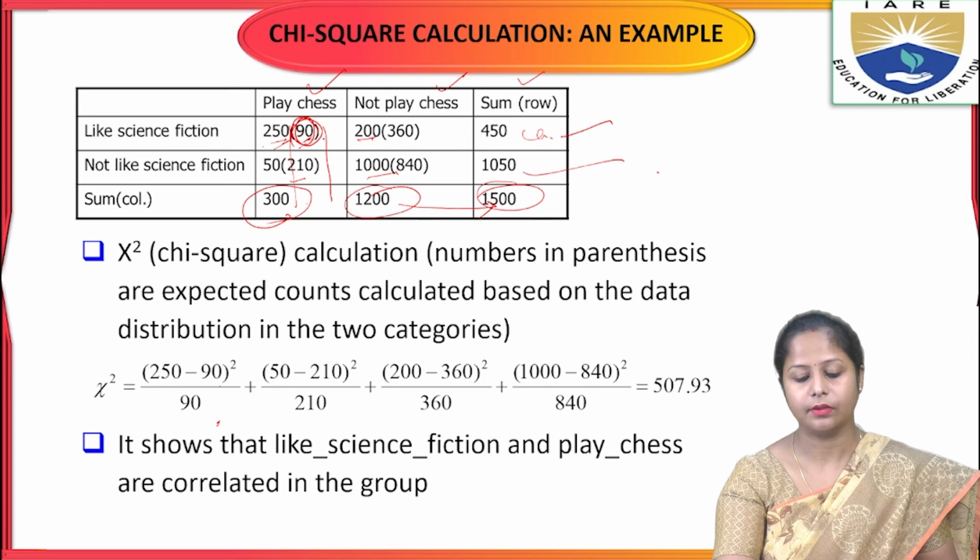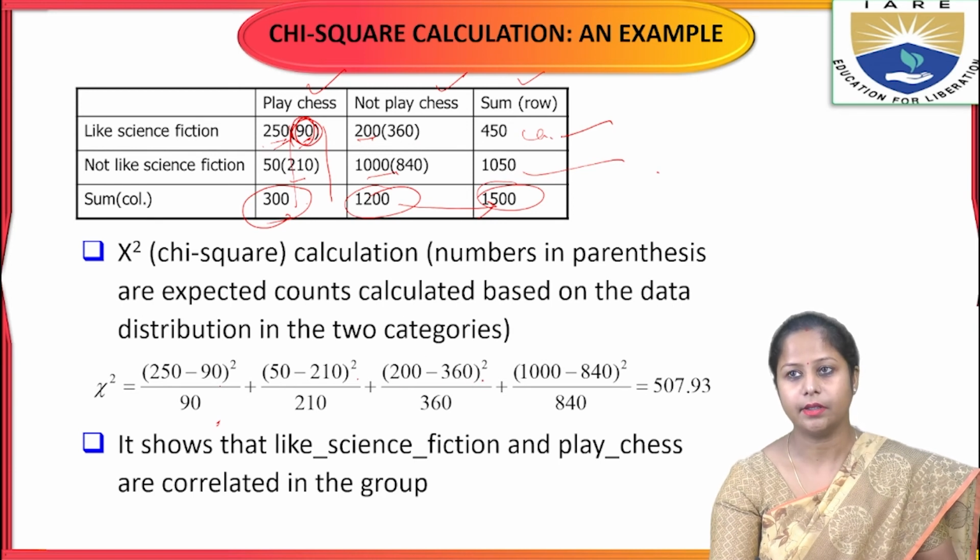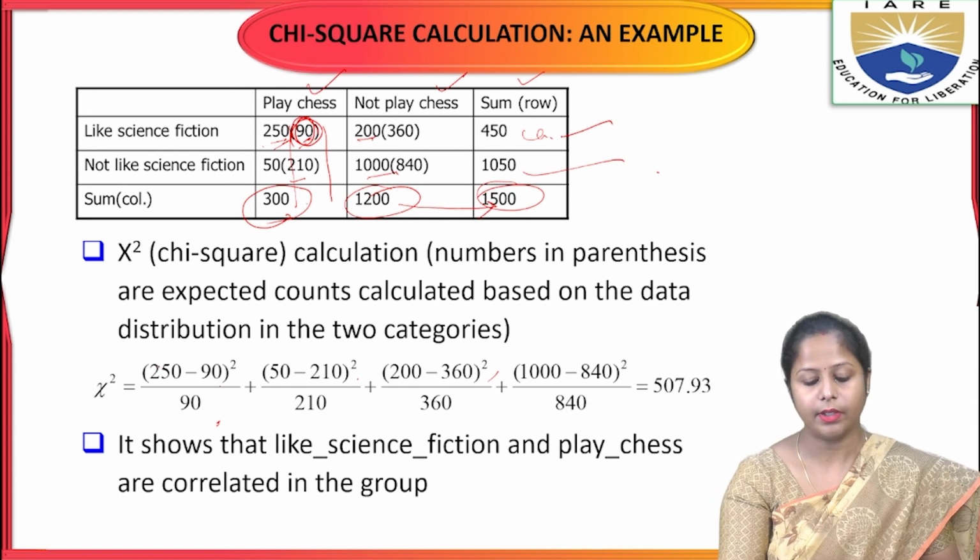We subtract, square that, and divide by 90. Again, for each quantity we repeat the same: 50 minus 210, squared, divided by 210, plus 200 minus 360, squared, divided by 360. Again, 1000 minus 840, squared, divided by 840. So we calculate all of these.